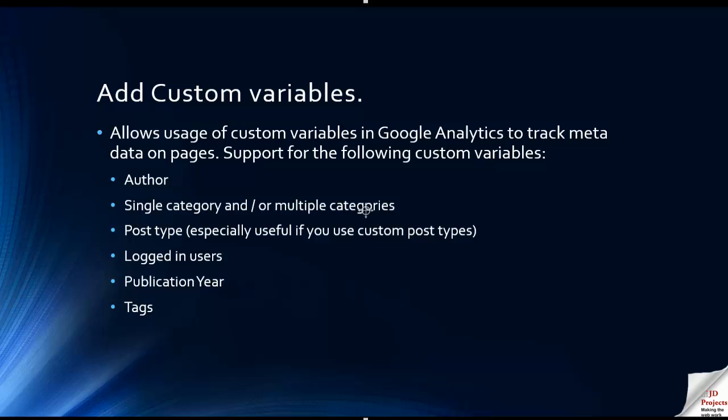You can look at the tracking of users and publication year, so you can find out if old archive material is still getting the views. And if you're setting your tags on your posts and pages, you can also use it to do those. But the system will only allow you to tag 5 different events at once. That's a limitation, I believe, on the Google side.